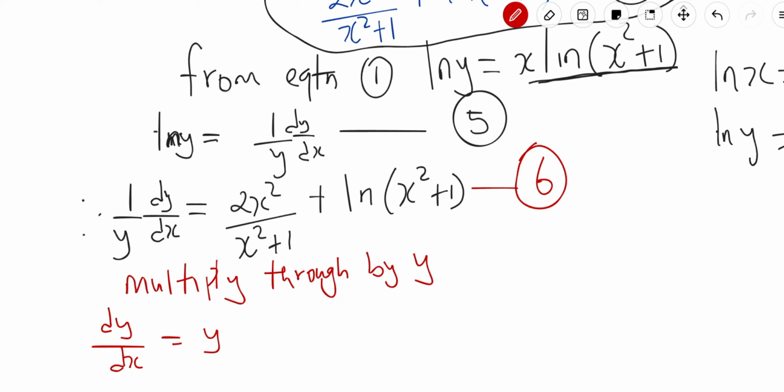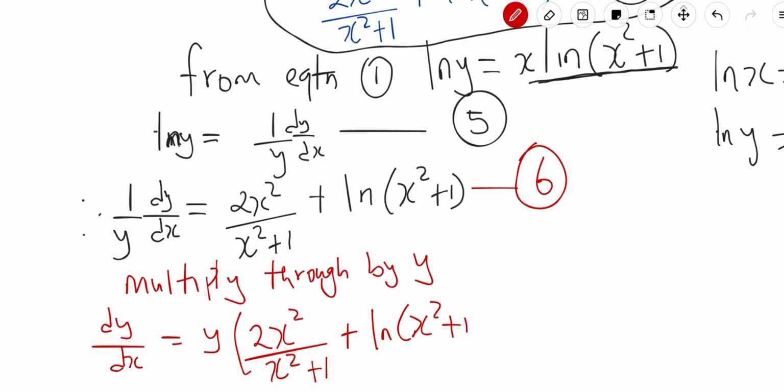Why am I multiplying through by y? It's just to make dy/dx the subject of the formula. So this is now going to give us dy/dx equal to y times 2x² over x² + 1 plus ln(x² + 1).